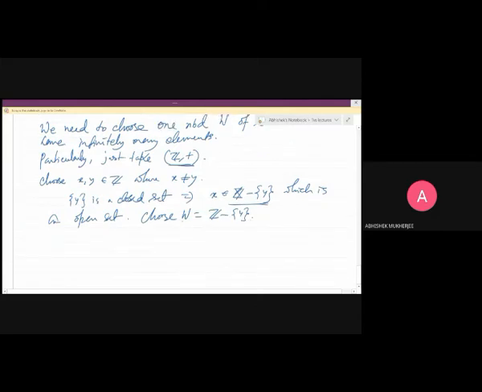Then this W will contain infinitely many elements, and this implies W bar will be the whole group Z, right?